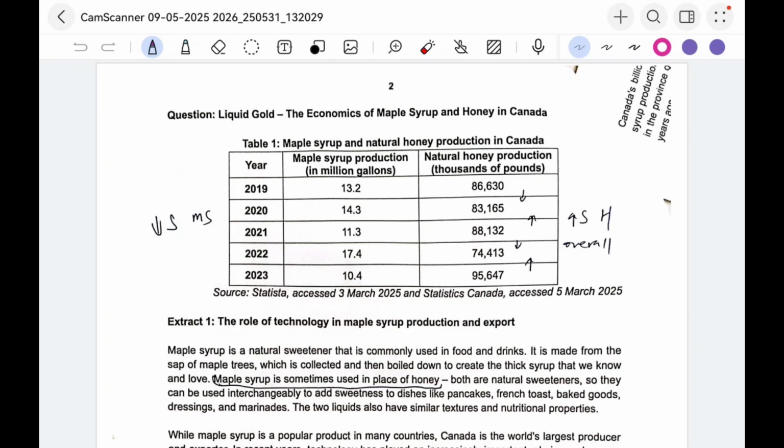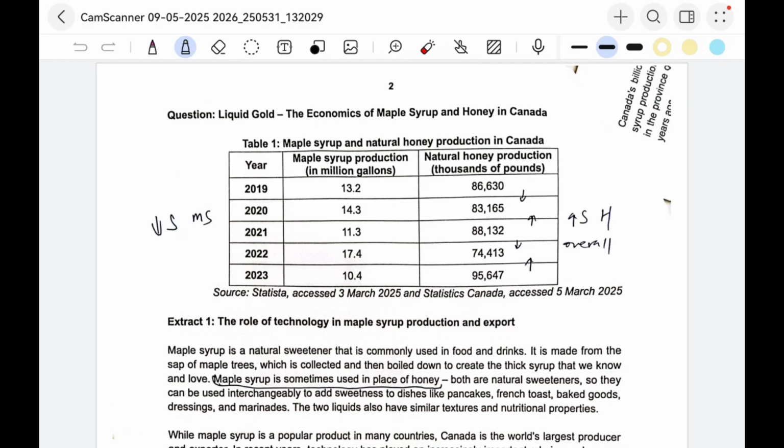Yep. Okay, so let's read the title of the case first. So here talks about liquid gold, the economics of maple syrup and honey in Canada. So every time when you read a case, it is good to know, for example, which country it is talking about, which specific market.